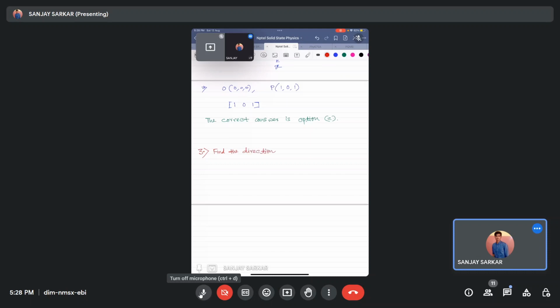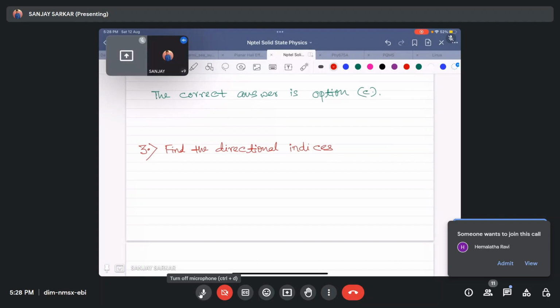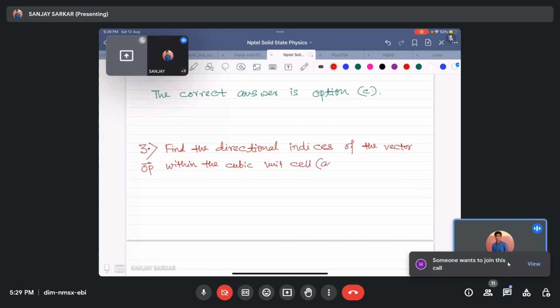Find the directional indices of the vector OP within the cubic unit cell, as shown in the figure below.